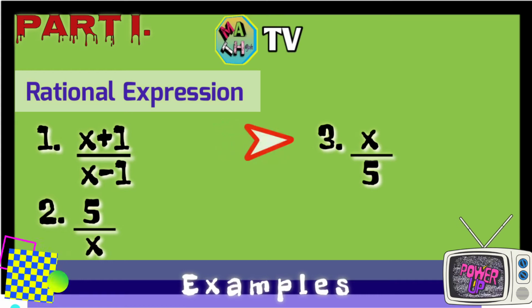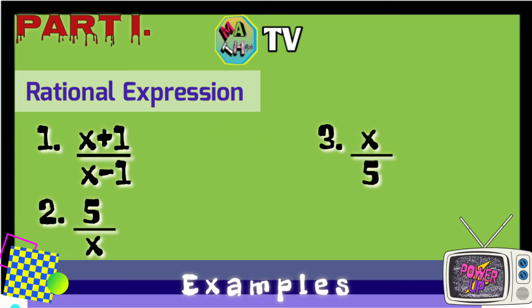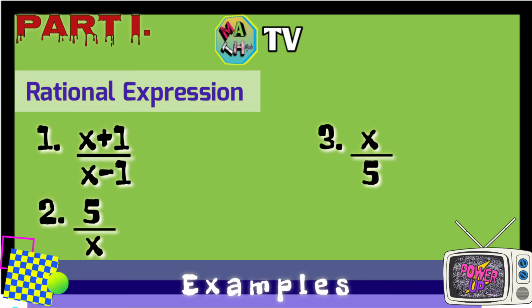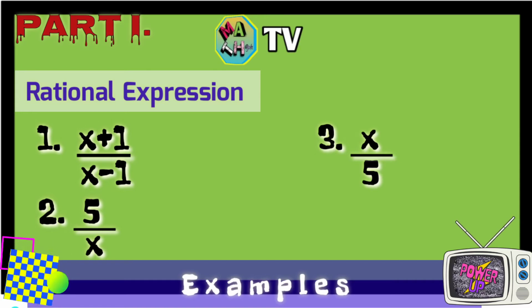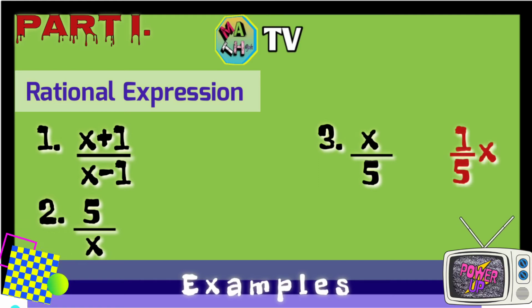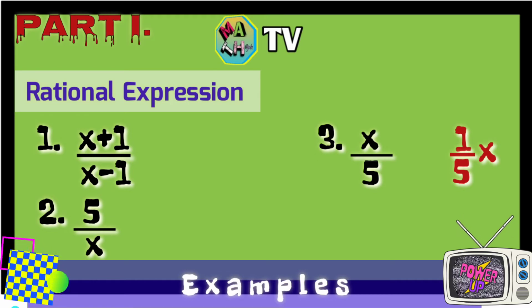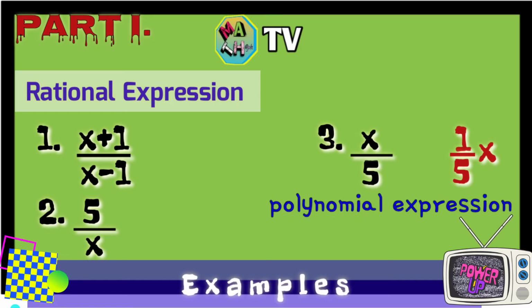The third example, x over 5, is also a rational expression, which is also a polynomial. Why? Because x over 5 can be written as 1/5 of x, and 1/5 of x is a polynomial.